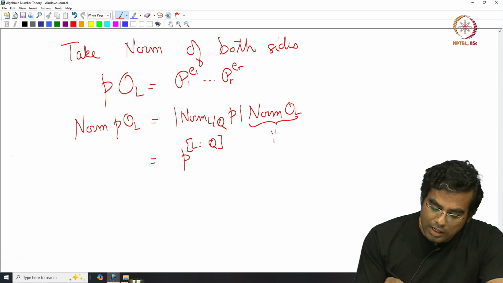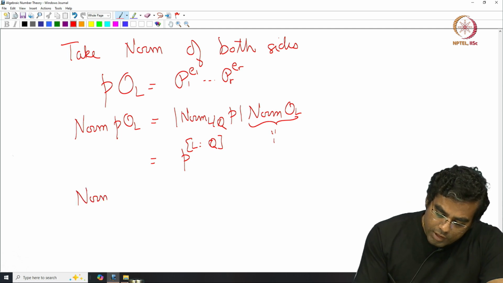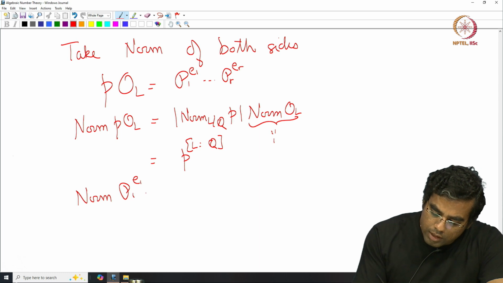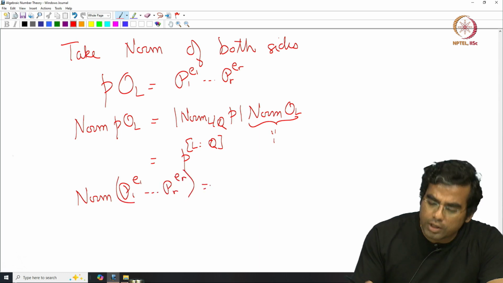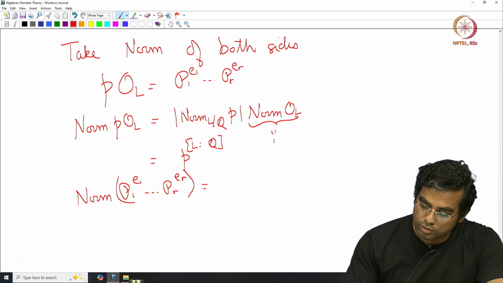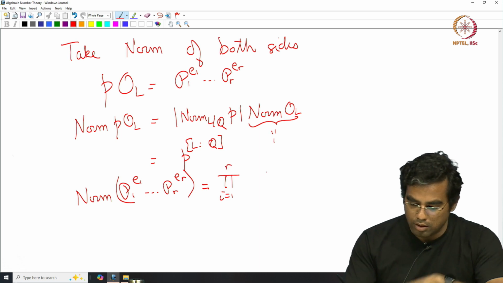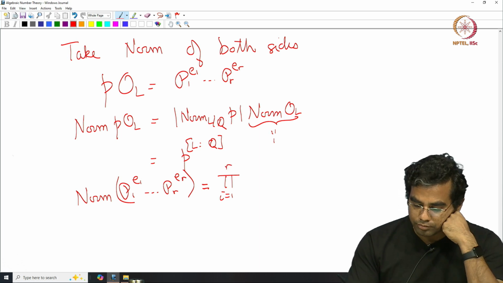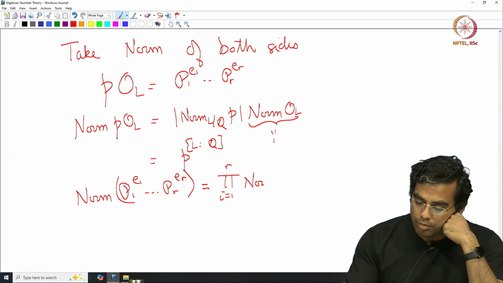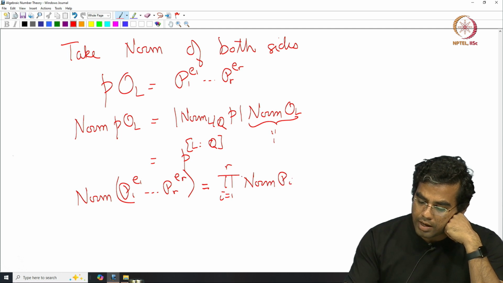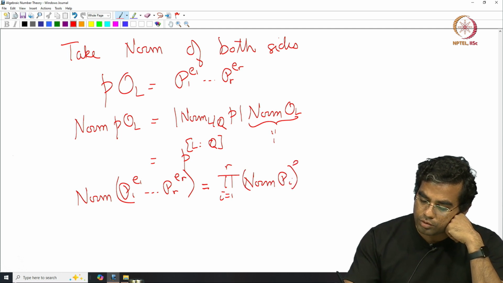On the other side, what is the norm of P1 to the E1 up to PR to the ER? Well, we know that the norm is multiplicative. So, this is the product for i going from 1 to R of the norm of Pi to the Ei.